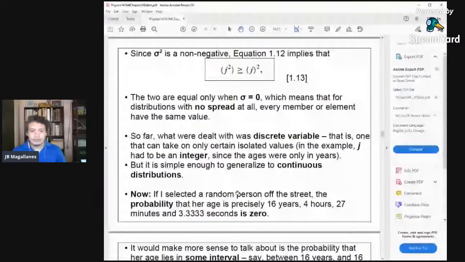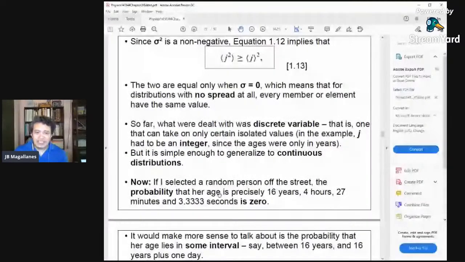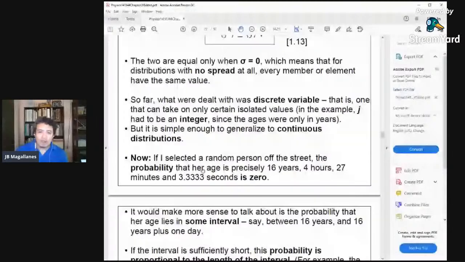So, for example, if I selected a random person off the street, what is the probability of finding a person which has precisely an age of 16 years, 4 hours, 27 minutes, and 3.33 seconds? It's zero. It's almost impossible to find.